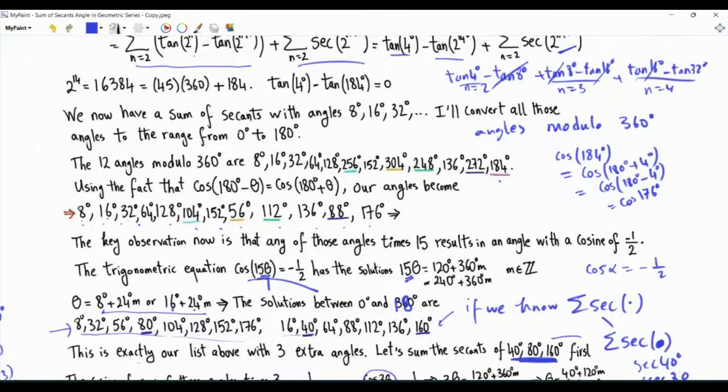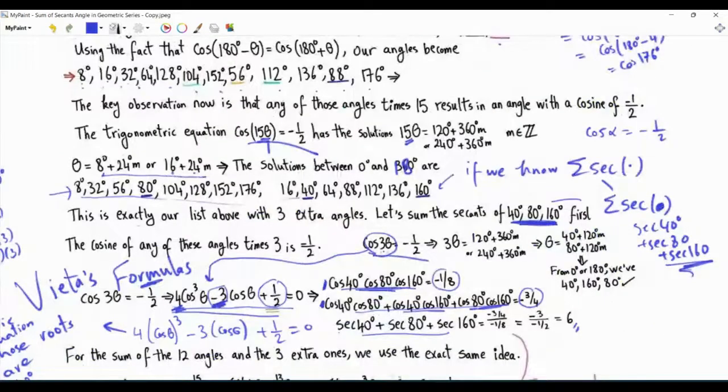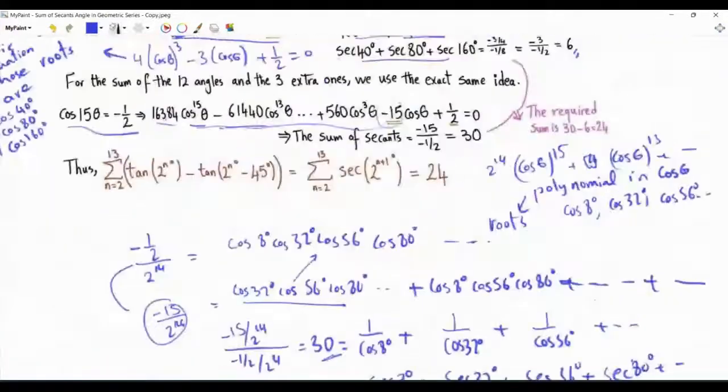But we discovered earlier that for the 3 extra angles, sec 40 plus sec 80 plus sec 160, if we sum the sec of each one of those angles, we get the value that is 6. So our desired result is 30 minus 6, so 24. And by this, the identity is established.